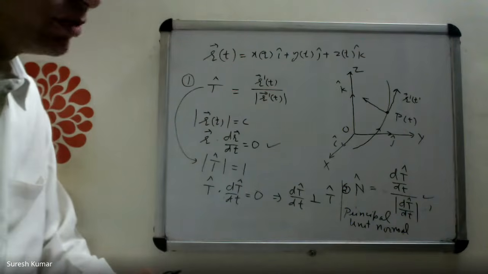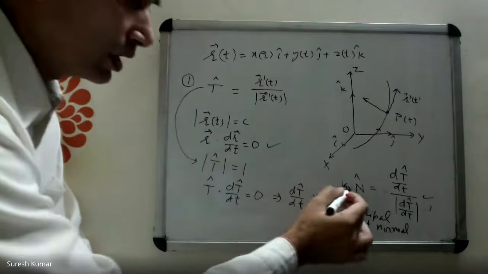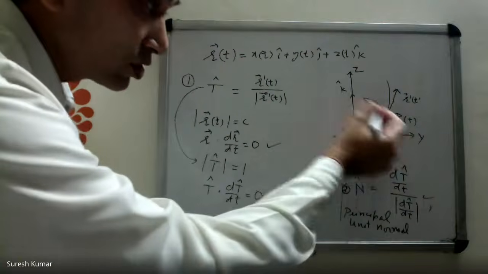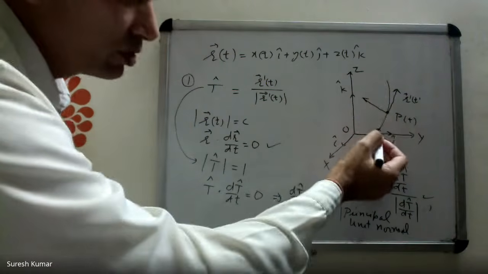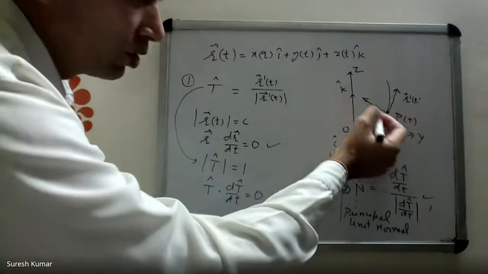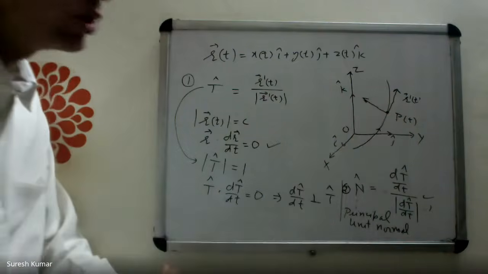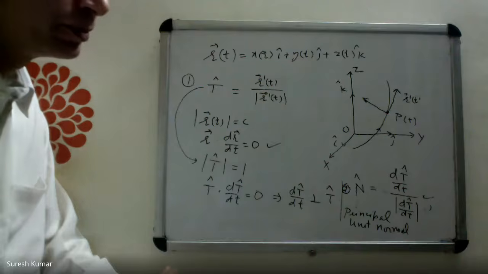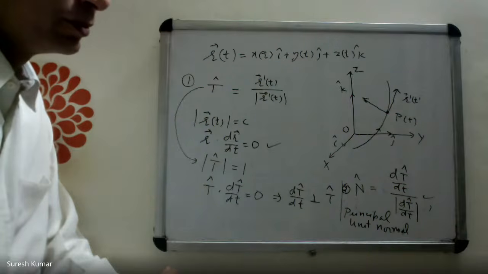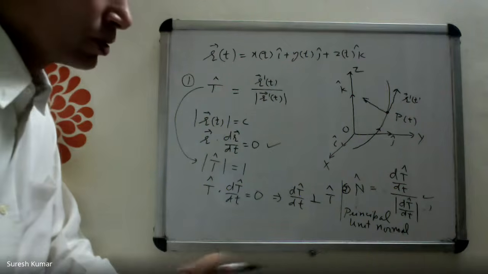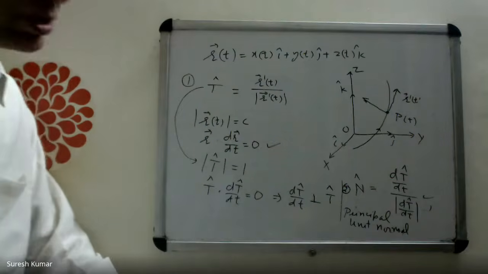Secondly, it always works towards the concave side of the curve. You see the curve is bending like this, so it always points towards the concave side.